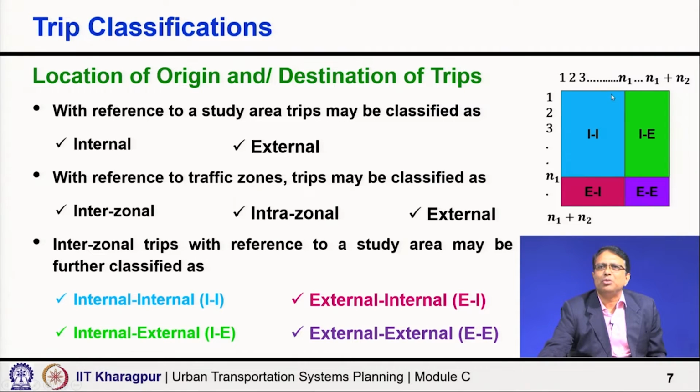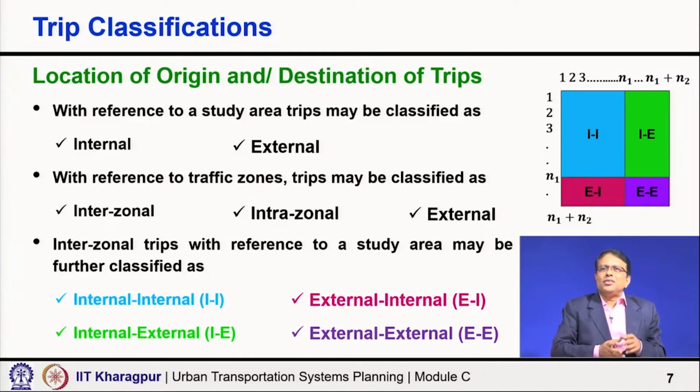I have N1 number of zones, so an N1 by N1 matrix represents the zones within the study area, and any movement that is happening within that, I can call internal with reference to my cordon boundary or study area boundary.